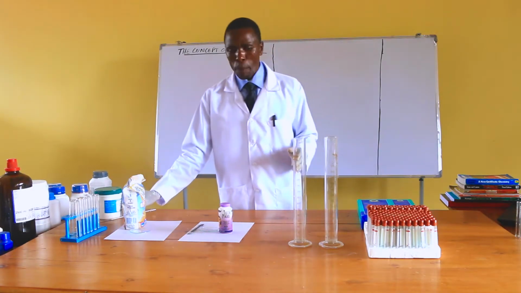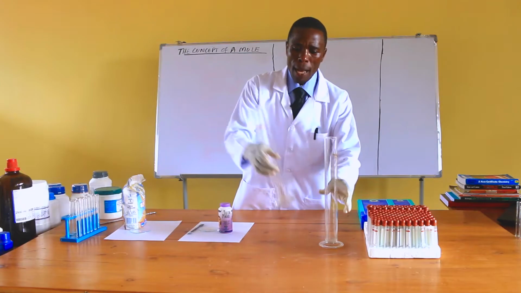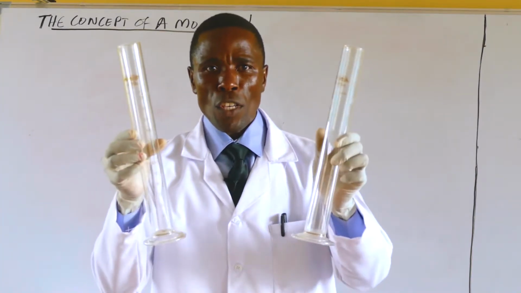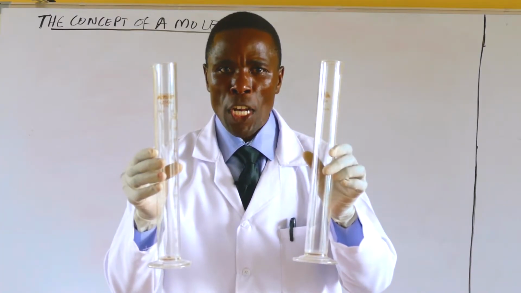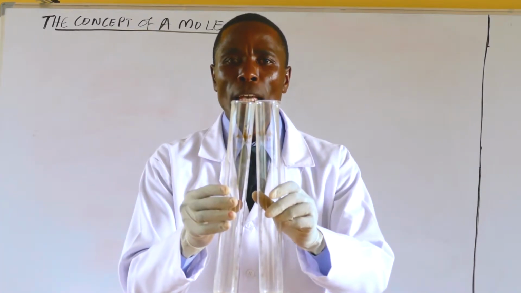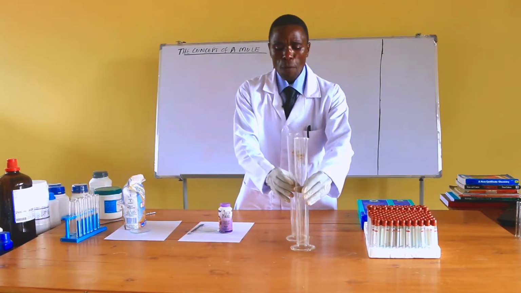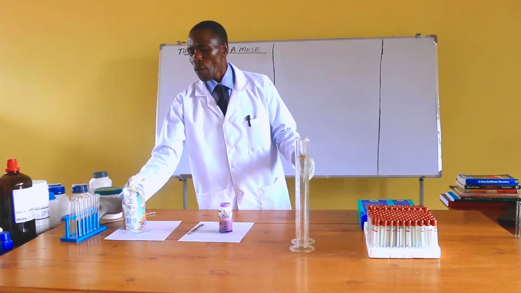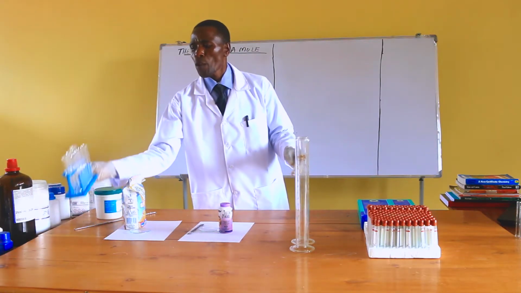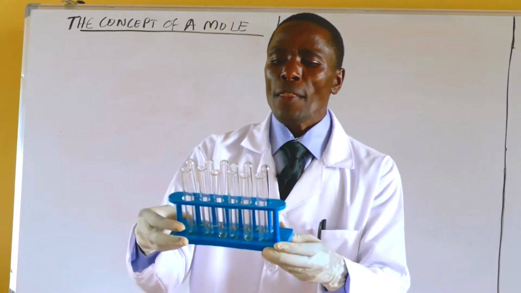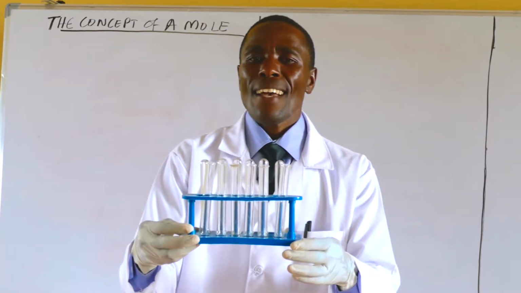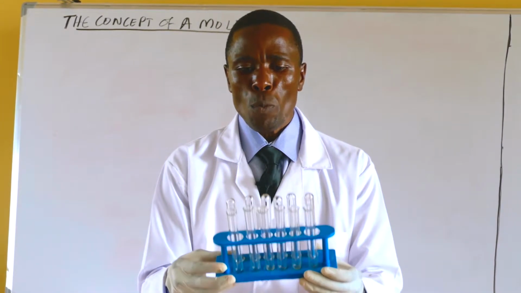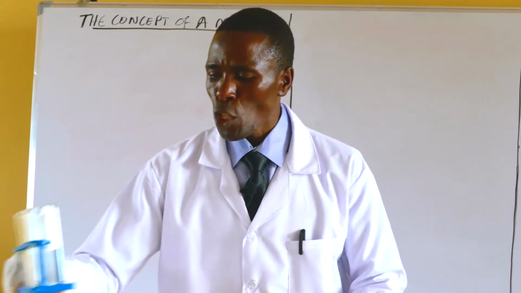For example, this one is a pair of measuring cylinders. But if 12 objects, like for example, these 12 test tubes, we call this set a dozen of test tubes.